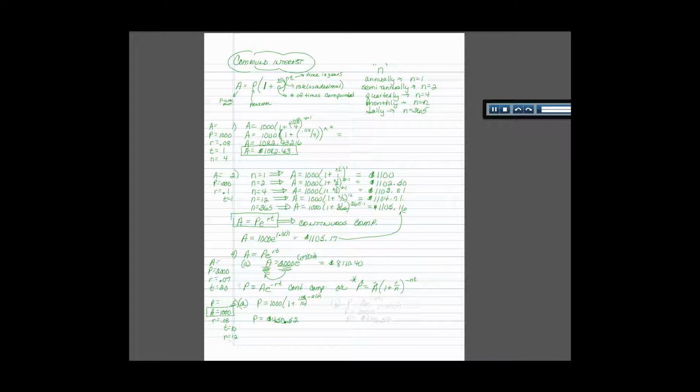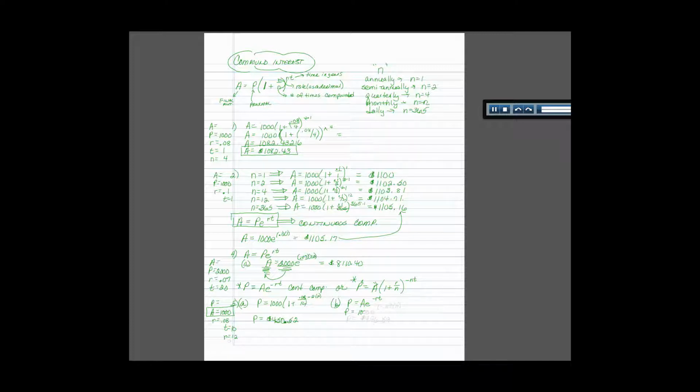All right, let's look at B. This time we want to know, what if it was paying 7%, but it was compounded continuously? So now we want this formula. So we have P equals Ae^(-rt). P is what we're looking for. How much should we buy it for now?